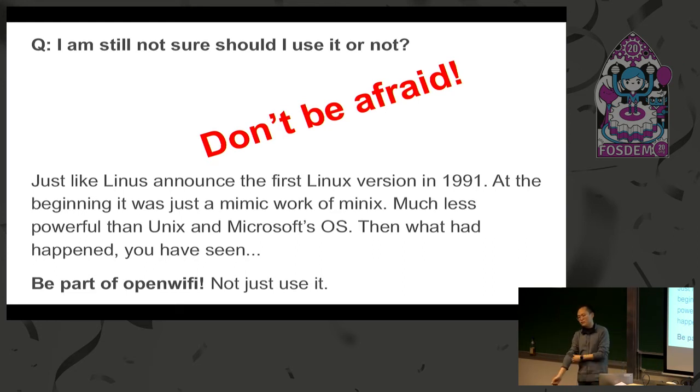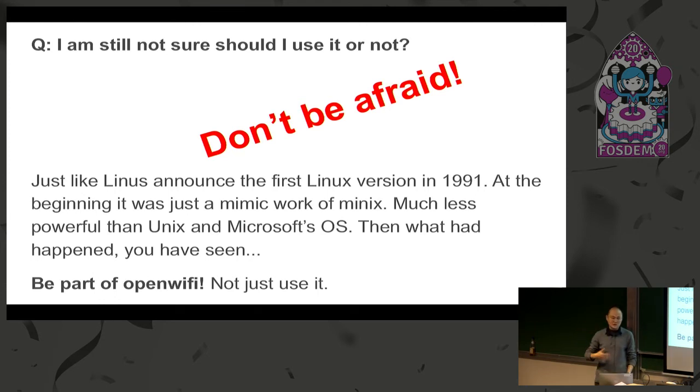So, well, just like the first version of Linux, right? At the beginning, I don't think Linux's target was to beat IBM Unix or HP Unix. It was just a mimic work of Minix, which is used to teach students the operating system in the university.